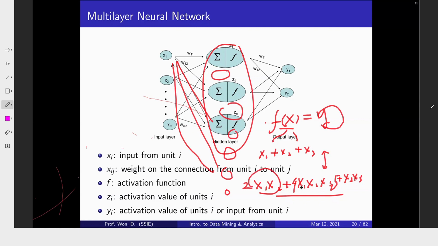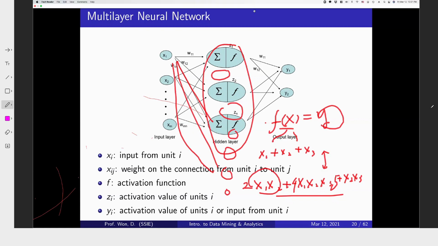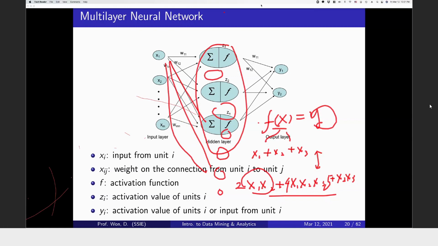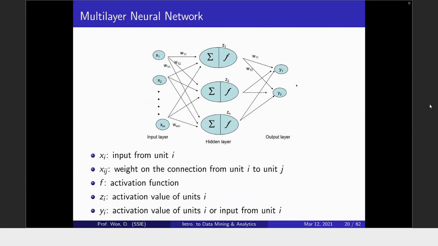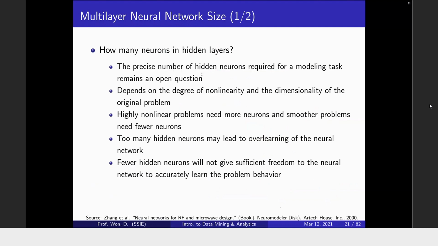More variables means more degrees of freedom. Then our key question is how many neurons, what the complexity level of our model should be.